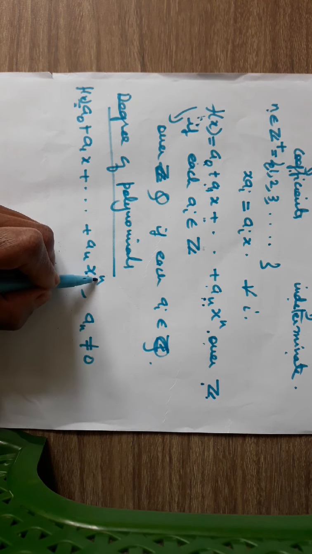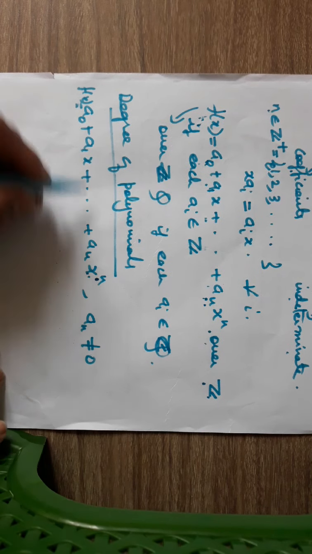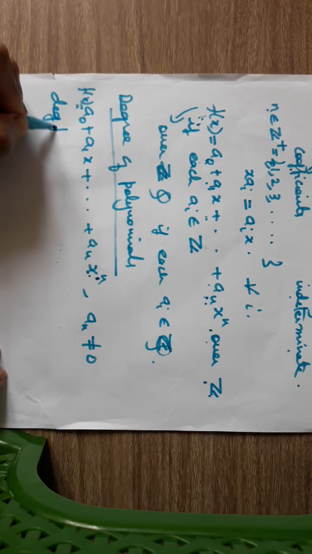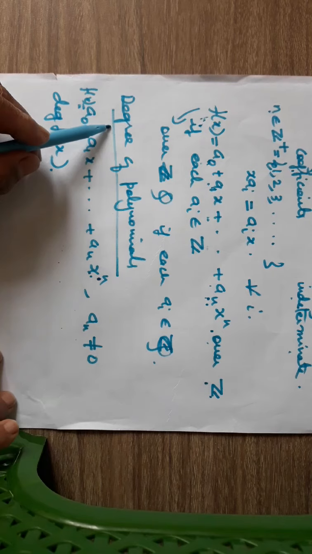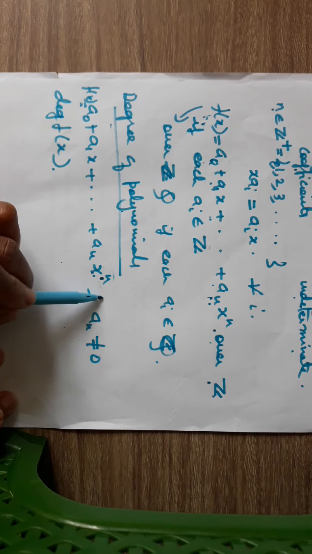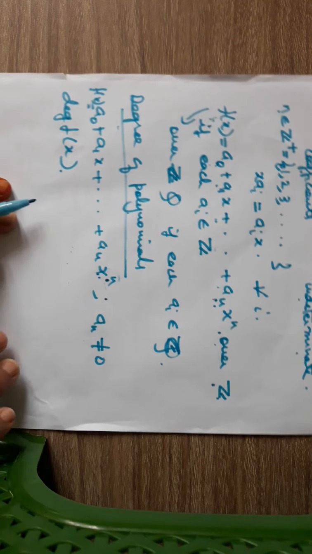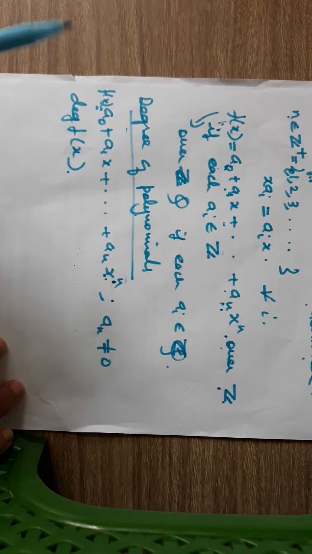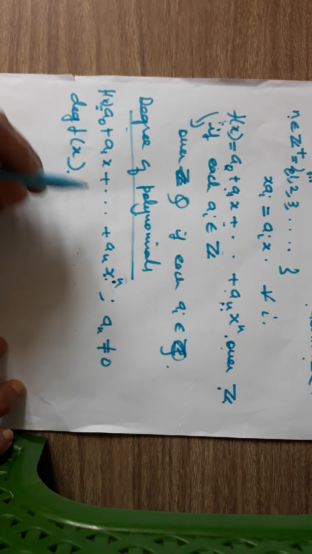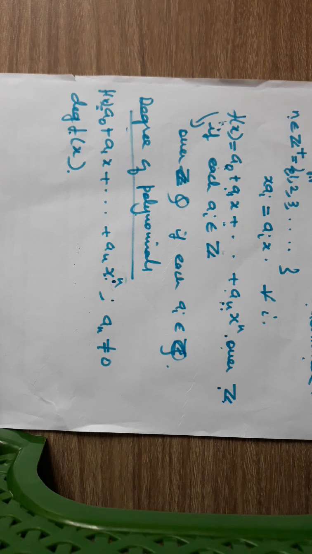So this n here is called the degree of f(x) and is denoted by degree of f(x). So by the degree of a polynomial we mean the degree of the highest power of x.